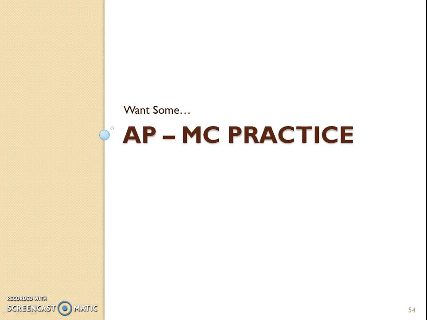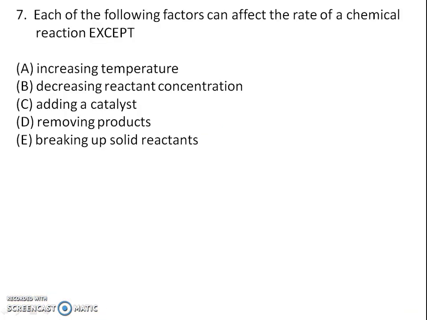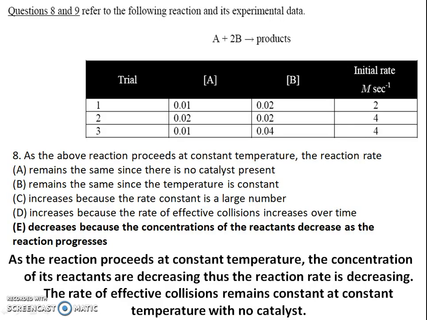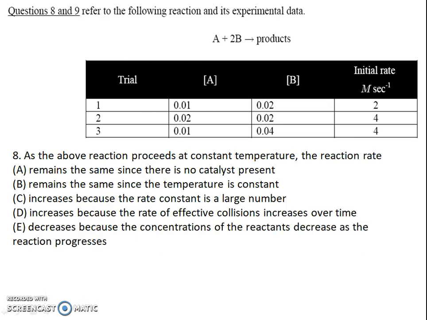Some AP multiple choice practice. Again, read. See if you can come up with an answer and a reasoning. Should have gotten D. Pause and read that. Make sure you understand. Oh, I think I went too fast there. Sorry.